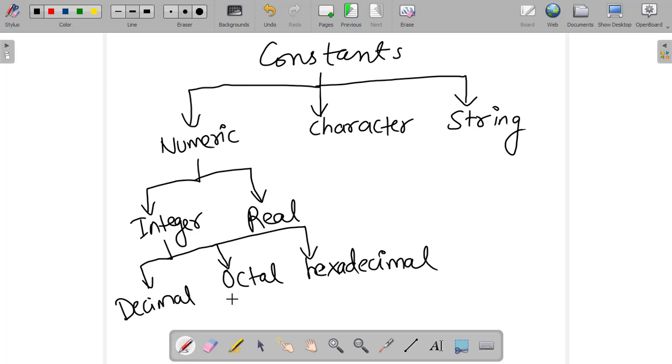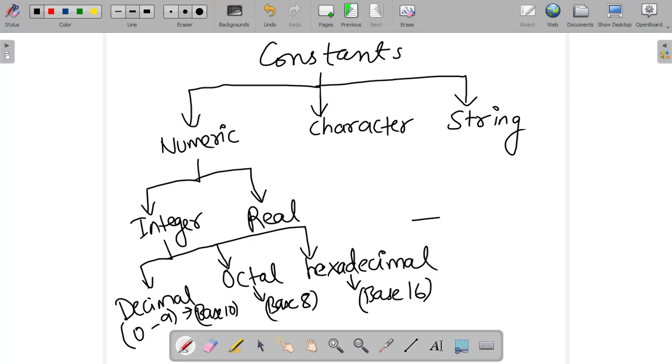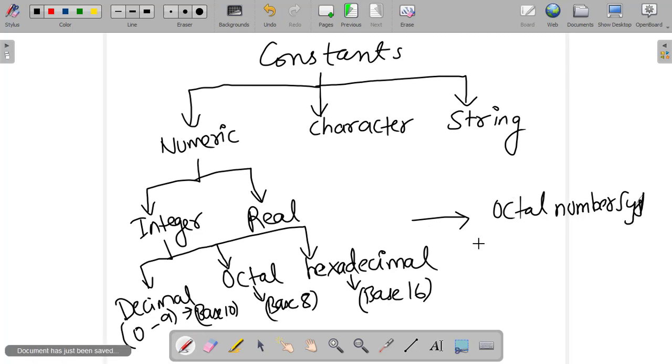And octal constant, decimal constant's range is 0 to 9, which has the base 10. For octal we have base 8, and for hexadecimal we have base 16. I recommend you to watch the octal number system and the hexadecimal number system on YouTube.